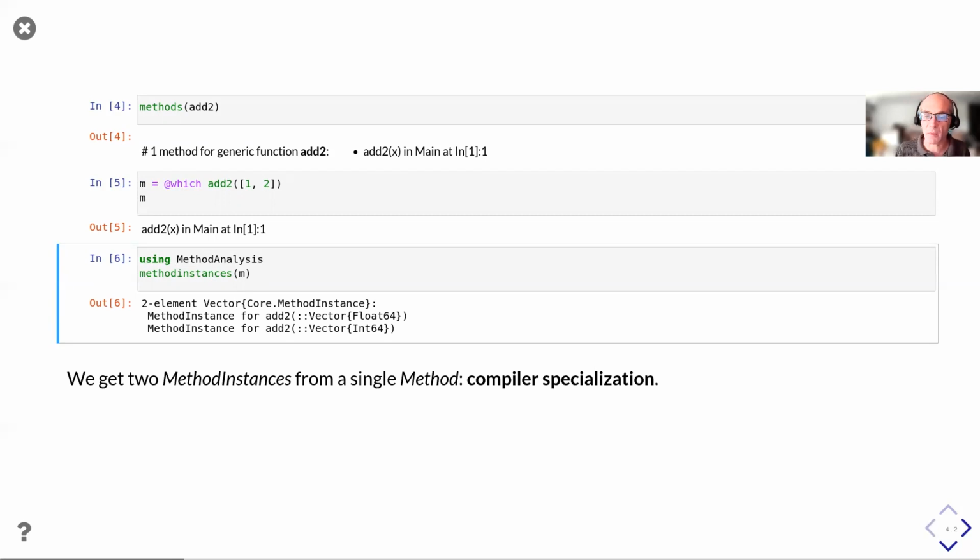You can specialize methods. You can create methods that depend on the specific types they have, and you can have therefore multiple methods for a single function. That's a hand-generated, manual form of specialization. This is automatic specialization that happens and is generated by the compiler. And so I'll refer to this as compiler specialization.